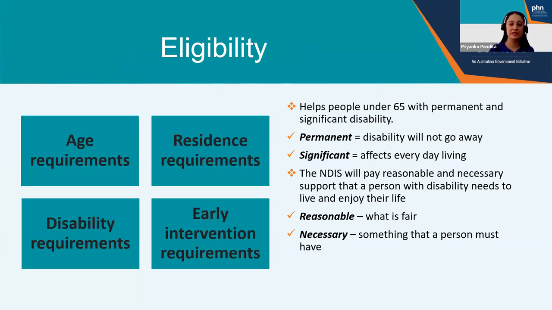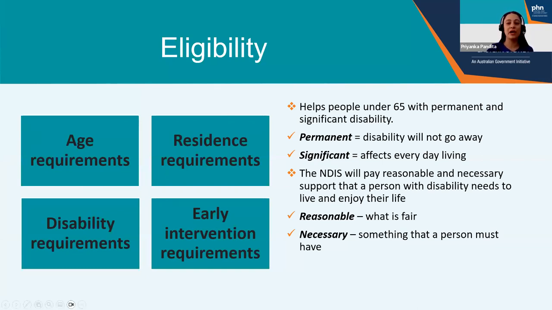Here, permanent means the disability will not go away, and significant means it should be significant enough to affect their day-to-day living. The NDIS will pay reasonable and necessary support that a person with disability needs to live and enjoy their lives. Reasonable is what is fair, and necessary is something that a person must have.